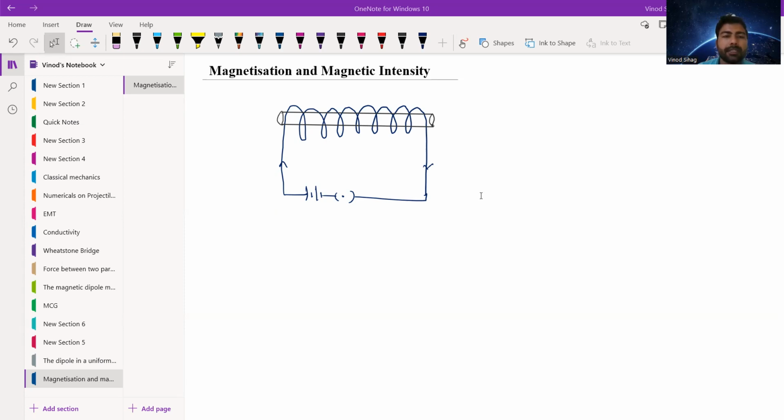So in that, the first term is magnetization. What is magnetization? Magnetization is the net magnetic moment per unit volume. Whatever magnetic substance we are taking, the net magnetic moment per unit volume of that particular substance is called magnetization, and it is denoted by capital M vector.